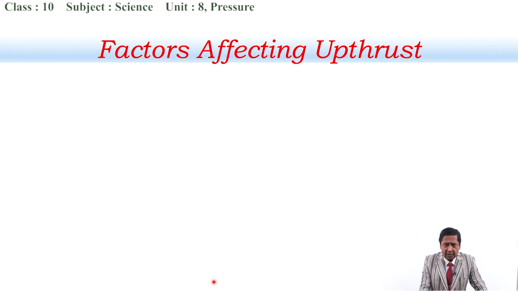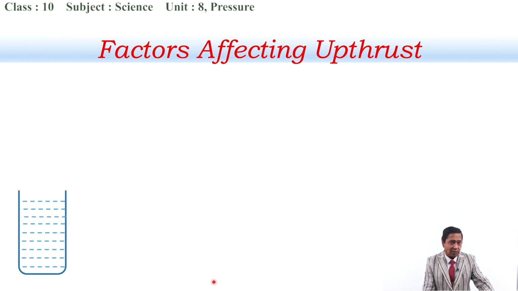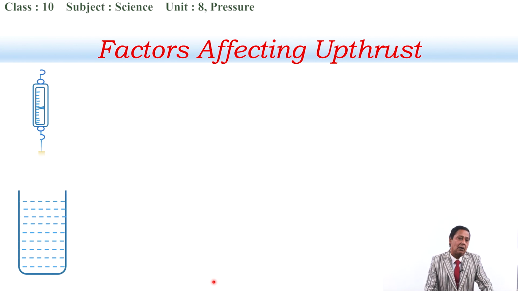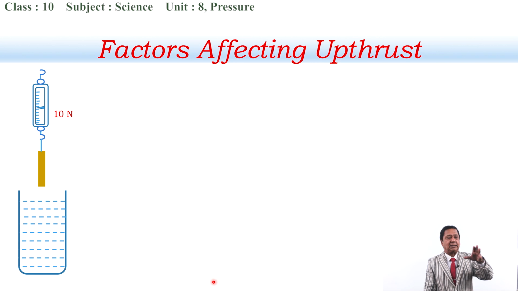We can go through this animated diagram also. Look at this. This vessel contains water. If a body is weighed in air, we have to take a little long body which has greater length than the breadth and height. Let's say its weight in air is 10 Newton. Now I am going to immerse a little of it into this water.